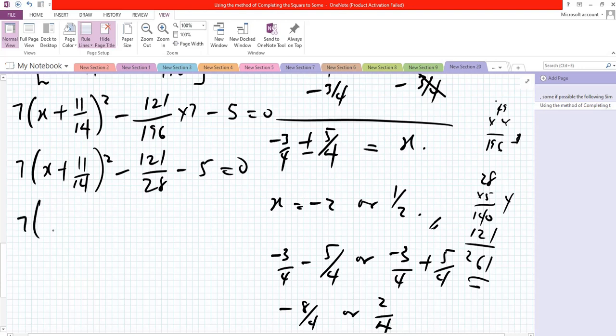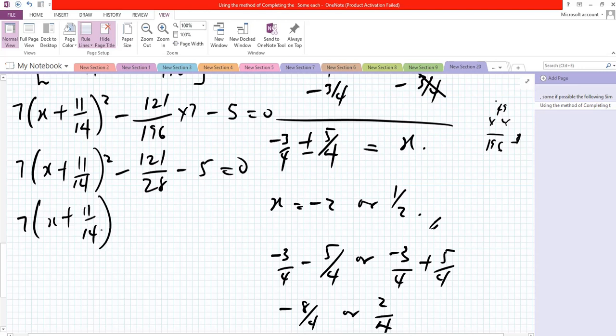So you have 7 times bracket open x plus 11 over 14 all squared, minus 121 over 28, minus 5 times 28 divided by 28 equal to 0.